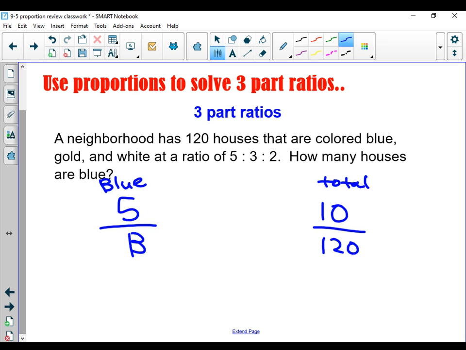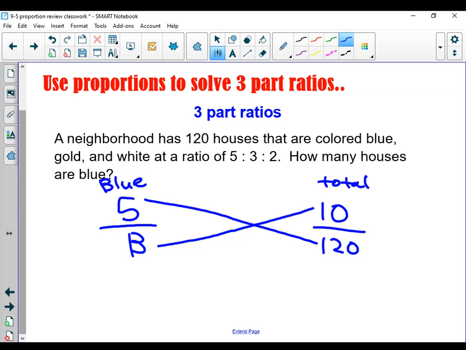Can I still do cross product across my screen? Yeah, sure I can. But you can also times. So where do we get 10 from? Oh, because this is a big neighborhood, 120 houses. But what if it was just a small neighborhood with 5 blue, 3 gold, 2 white? That's it.